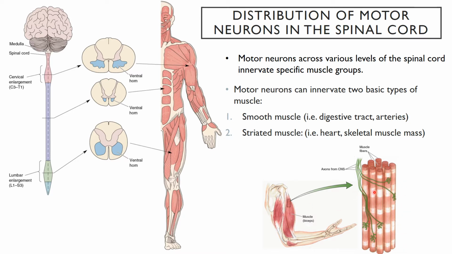The fibers have this striation pattern, hence striated muscle. And since this is a neuroscience class, you will see axons from the CNS, from the spinal cord, synapsing onto the muscle fibers. They'll have these large globular synapses, and we'll talk about those in the next several slides.